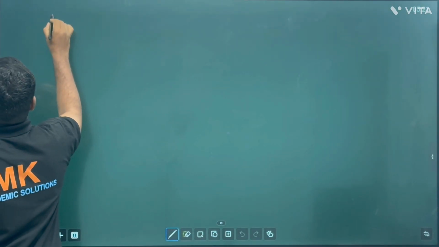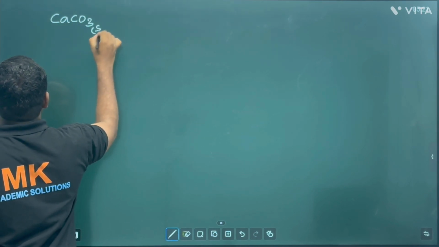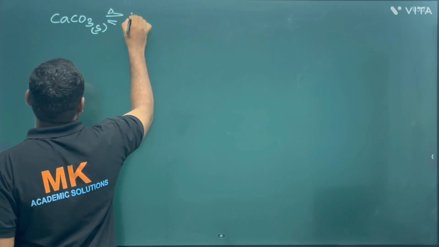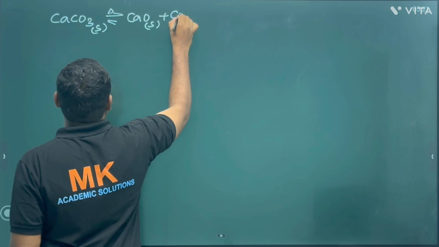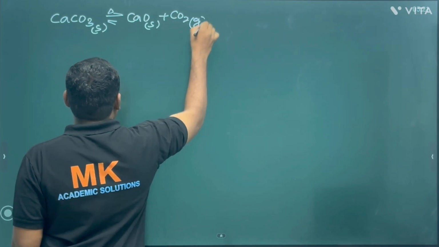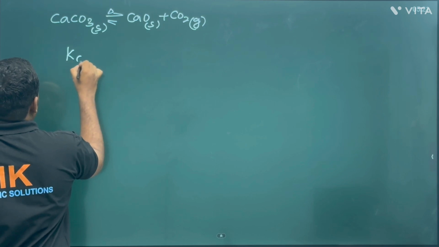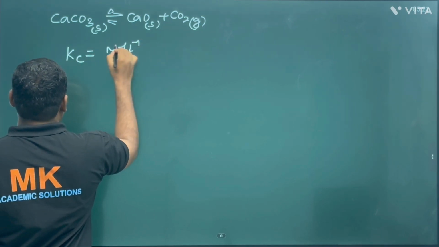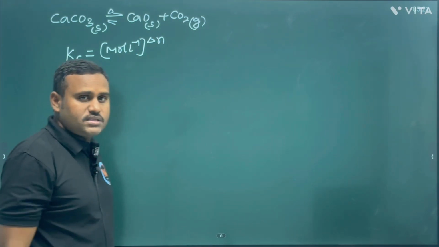CaCO3, it is in the solid state. Upon heating, it produces calcium oxide plus CO2 gas. So now here, what are the units of Kc? Units of Kc you write as moles per liter to the power delta n. See here, what is the delta n value?